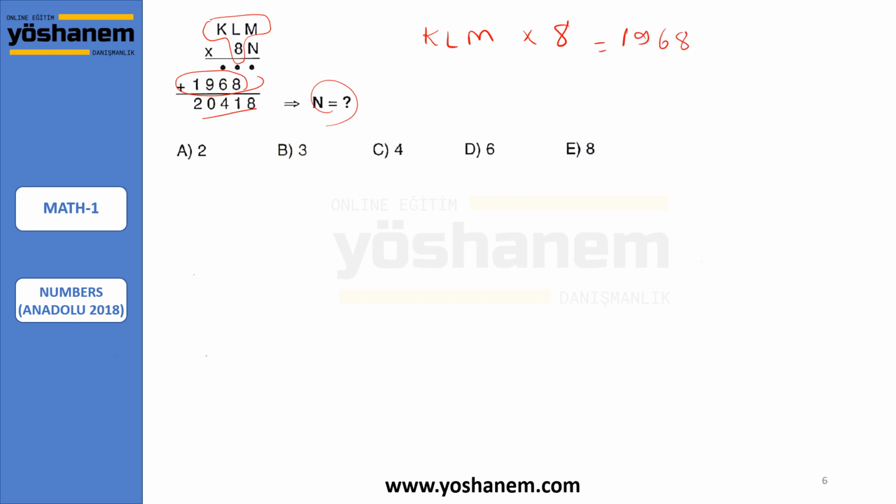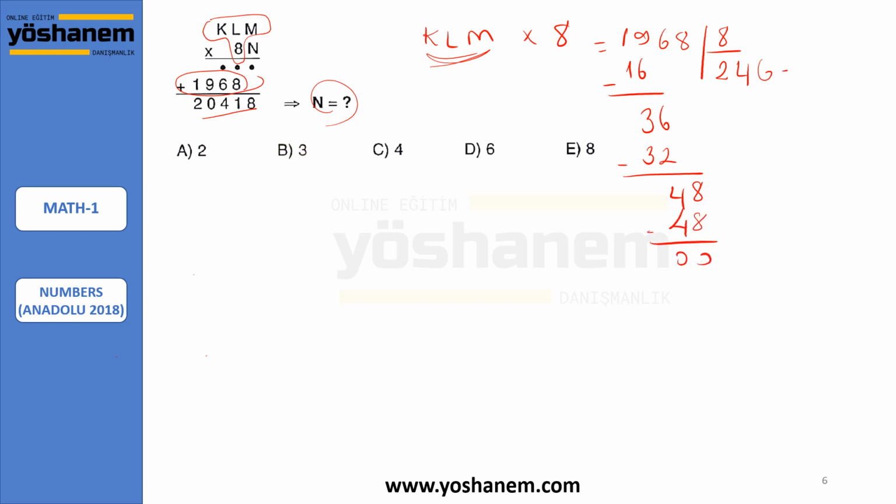So if I divide 1968 by 8, I can find KLM. So let's go ahead and do that. 2, 8, 16, 36 is remain. So it's 4, 32, and 48. If I multiply by 6, I'll have 48. And this is KLM.